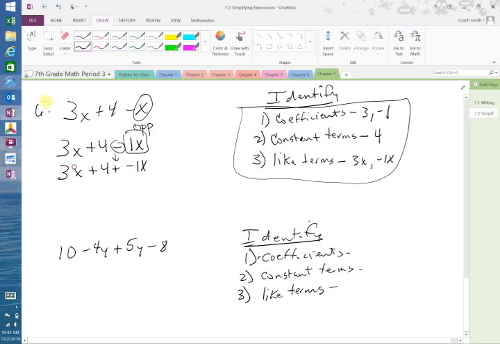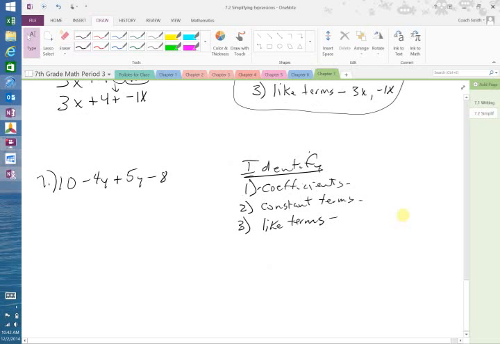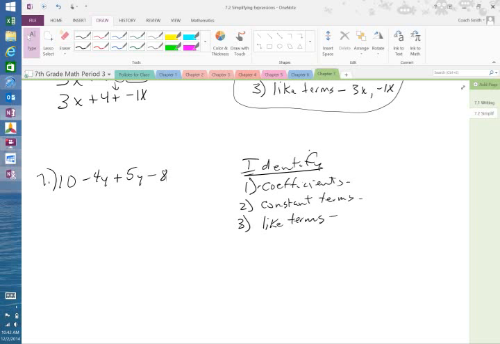By the way, that was problem 6, and this is problem 7, I think. Yep. Okay, who has an answer for me? What are the coefficients? Anthony.